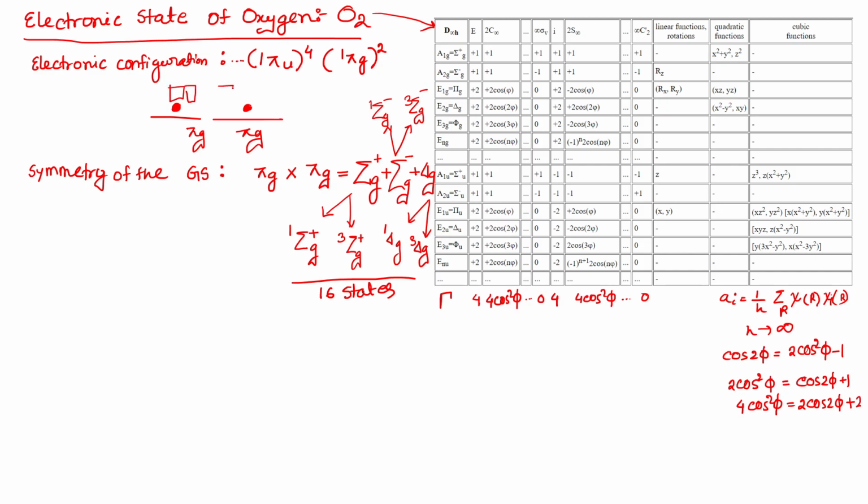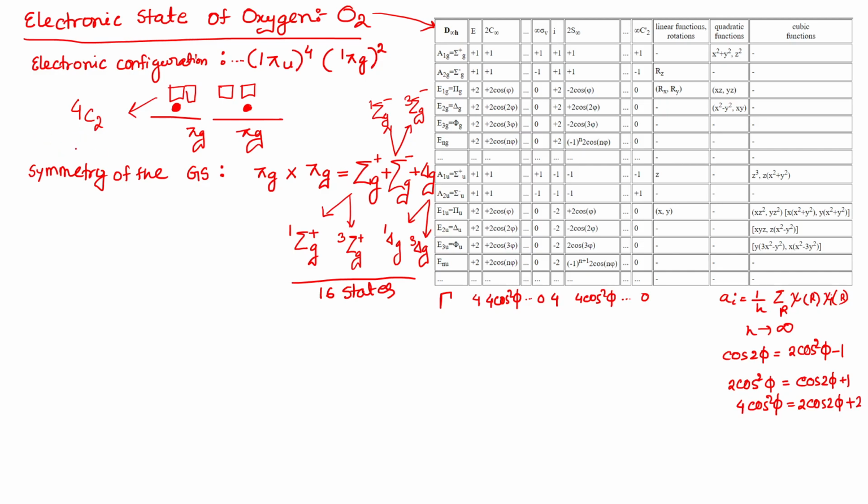So 2 here, 2 here, 2 here, 2 here. So the possible outcome is 4C2. The 4 positions are available and 2 electrons are there. How many combinations can you use here to keep them unpaired and in two different states?